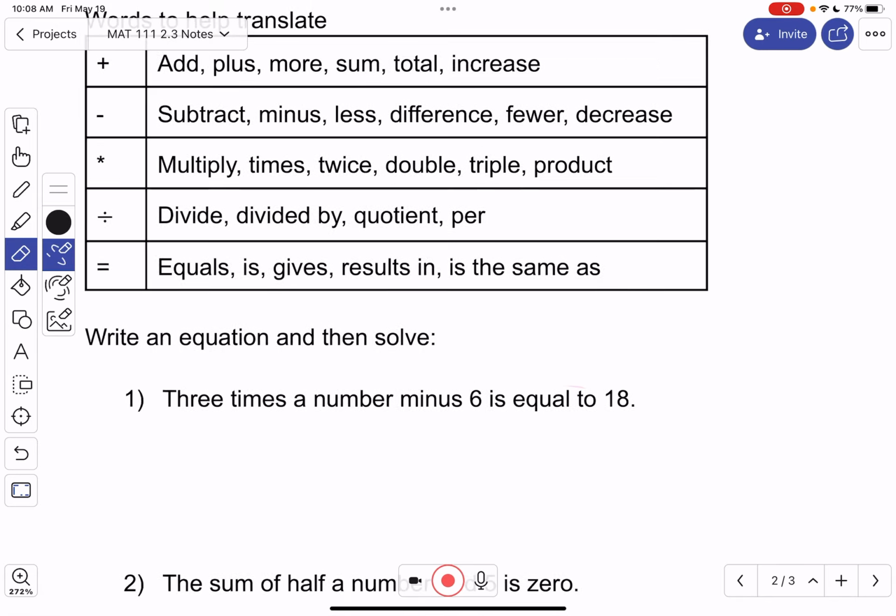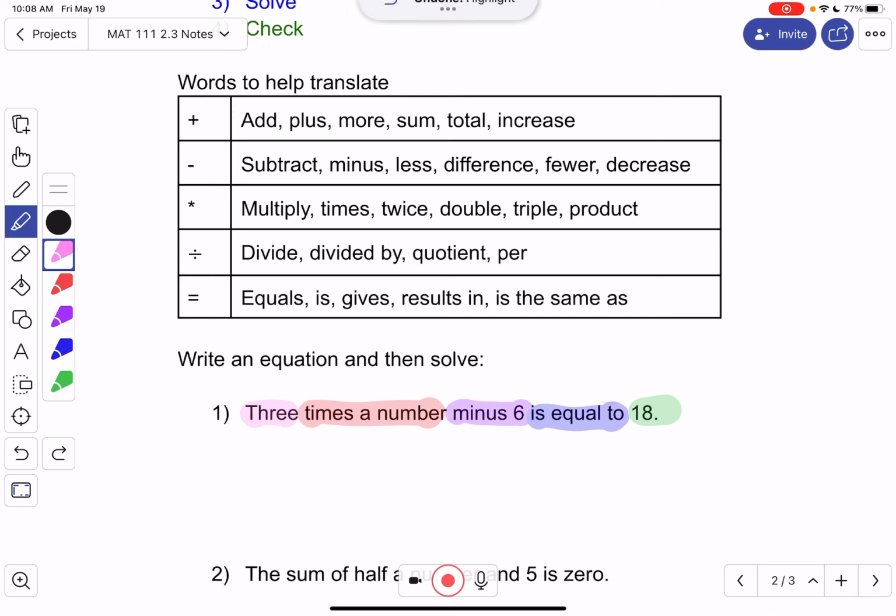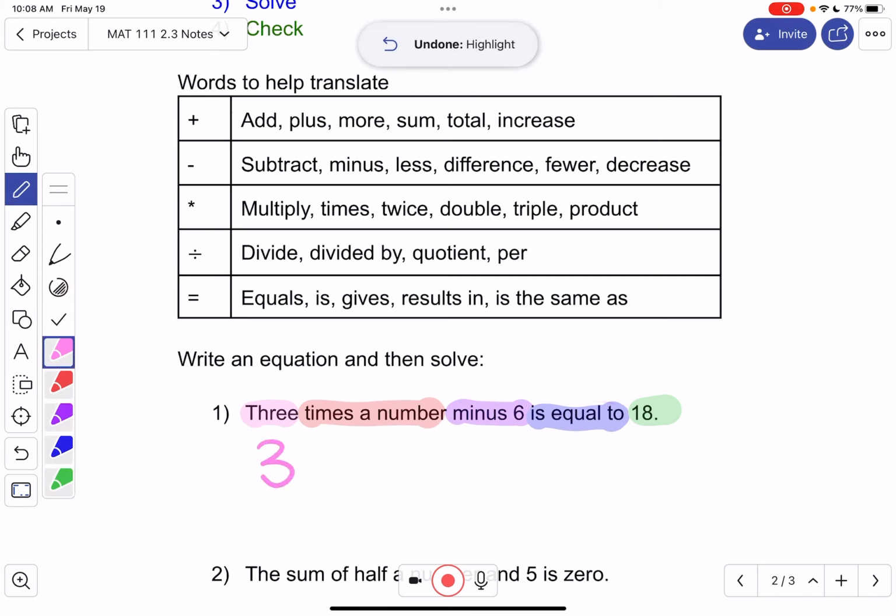So let's try one. 3 times a number minus 6 is equal to 18. So each of those colors is a different part. 3 would obviously be the number 3.